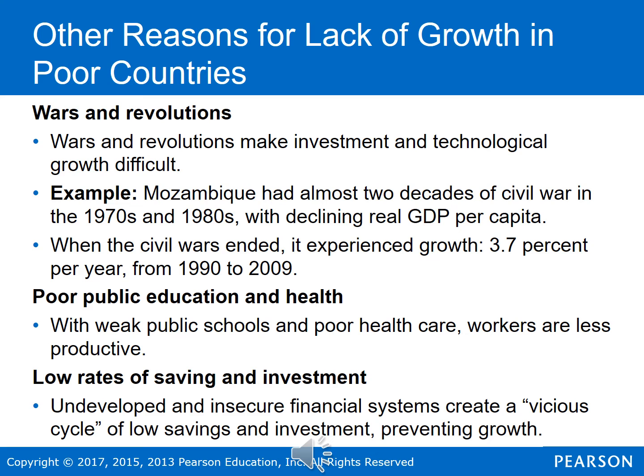And this is something we saw in Europe before the Industrial Revolution, even during the Industrial Revolution: poor public health reducing living standards in the country, reducing their ability to build human capital and to increase the standard of living. And finally, there's low rates of savings and investment.